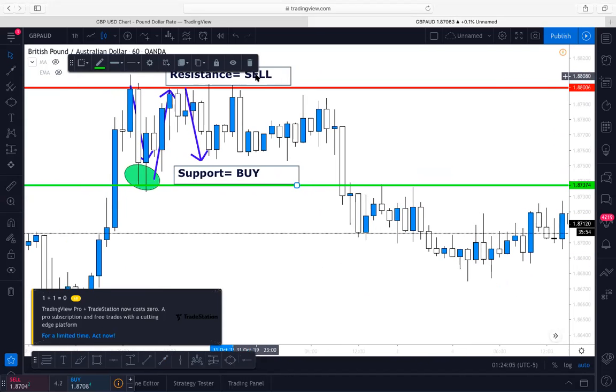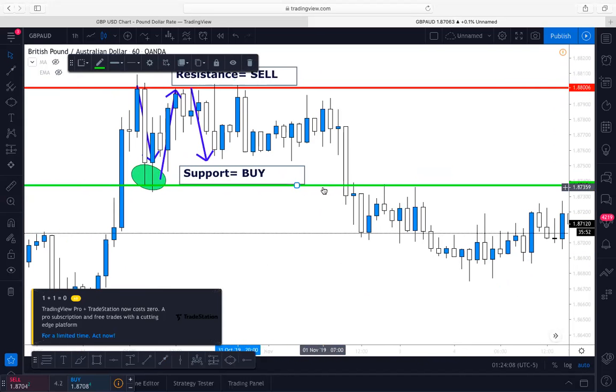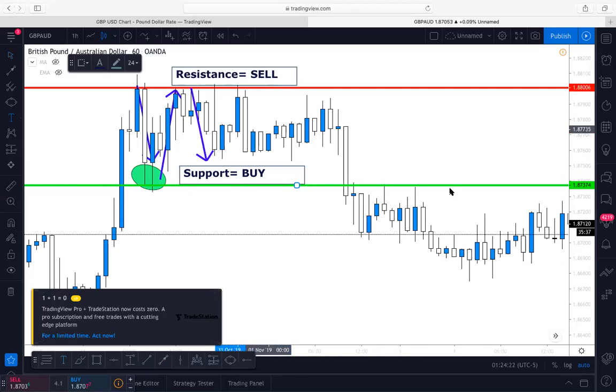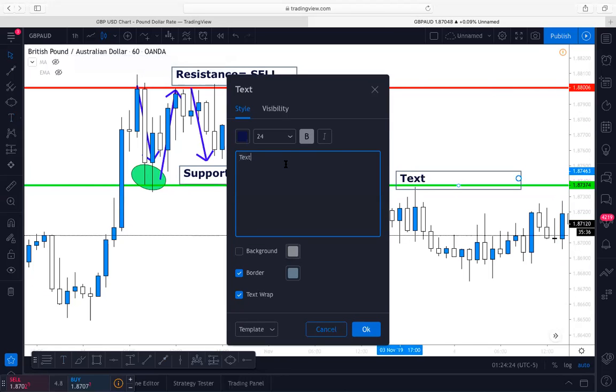So as we can see here, this same support level, the market tried to come back to this price, and what happened? It went back down. The market came back to this price again. What happened? It went back down. So what does this become? This new line now becomes resistance.